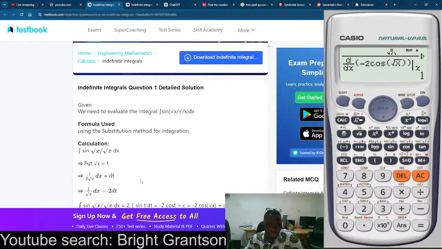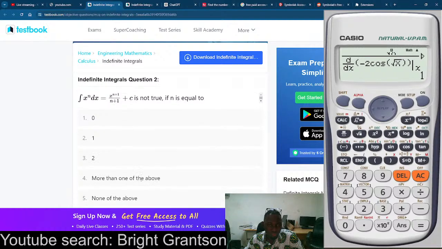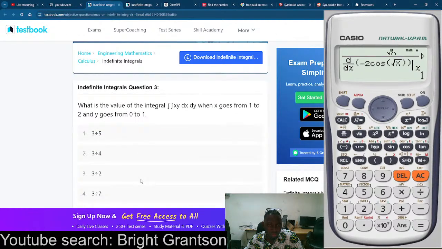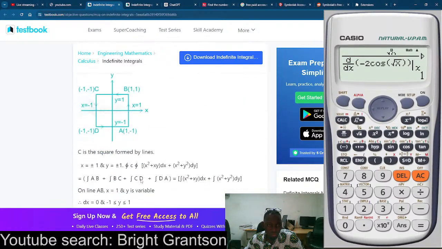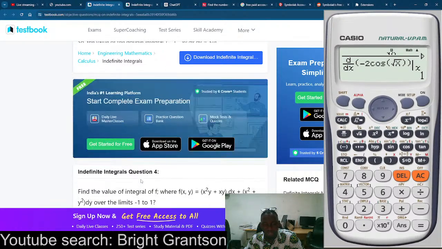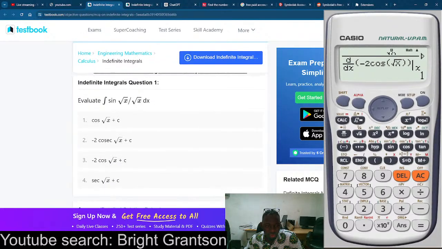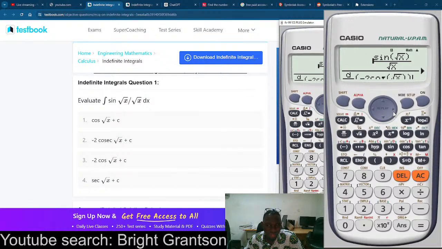Now let's solve another example. Let me see if I can find another example. I'm not sure there's another integration example, but let me go over again what I just taught you. Take the integral function, punch it as a numerator.